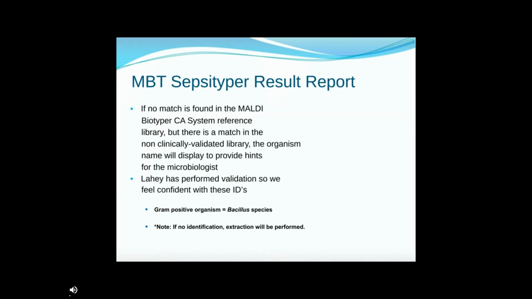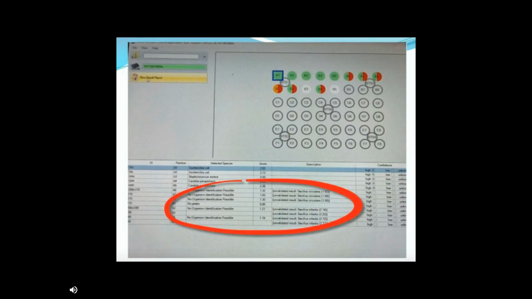So now this next slide, what you can see is there was no match, so no organism identification from the clinical application side, but if it does find something on the research side, you will see that come up as an unvalidated result.